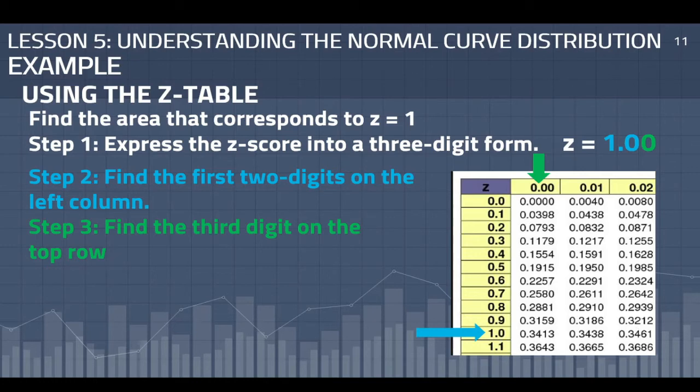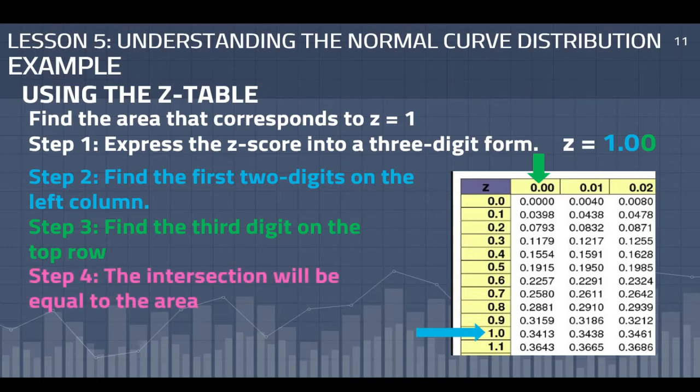Ayun. Then, the intersection will be equal to the area. So, yung intersection daw nung dalawang yan. Area of z is equals to 0.3413. Nakuha ba? Okay, good.